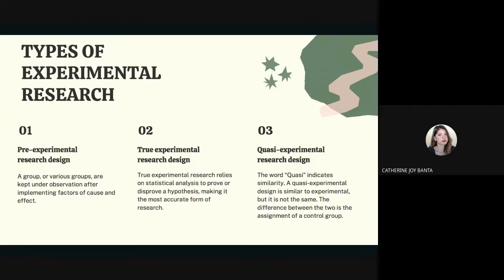So for number two is true experimental research design. True experimental research design relies on statistical analysis to prove or disprove a hypothesis, making it the most accurate form of research. Of the types of experimental design, only true design can establish a cause and effect relationship within a group.